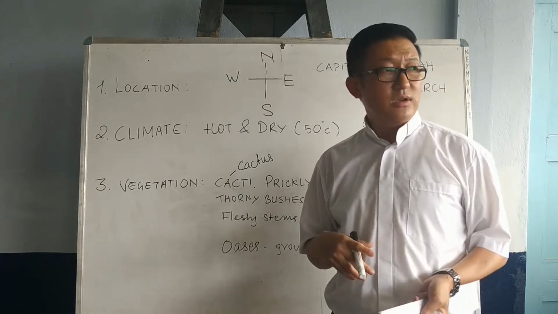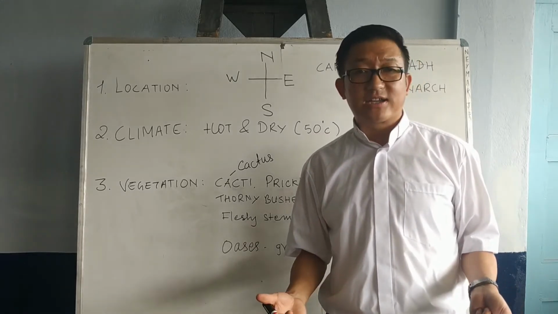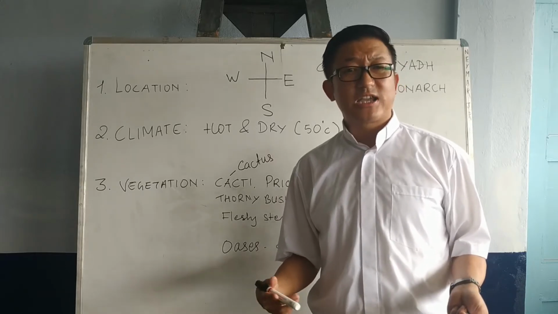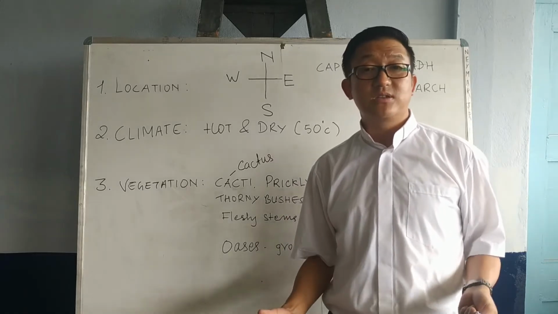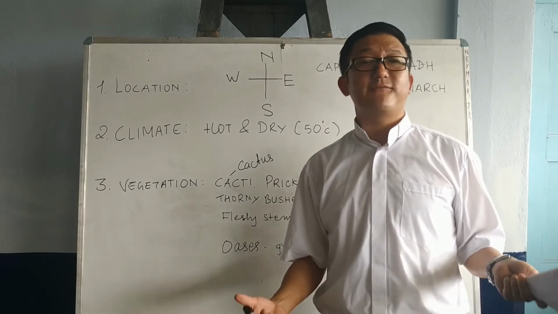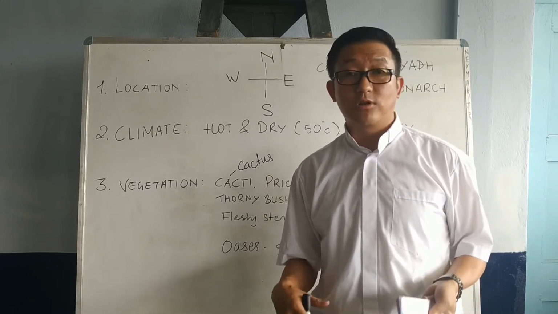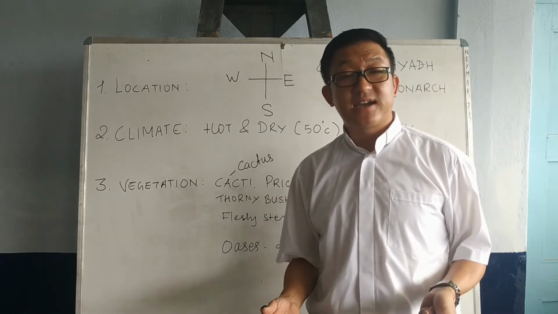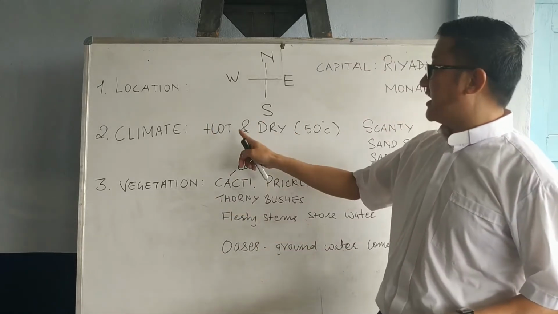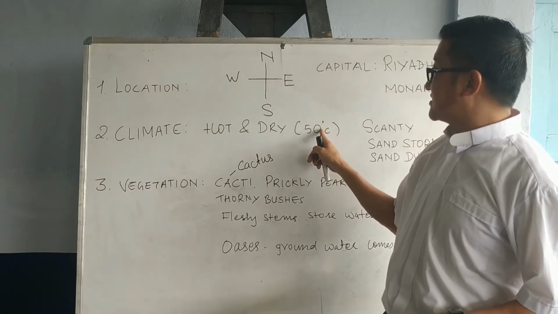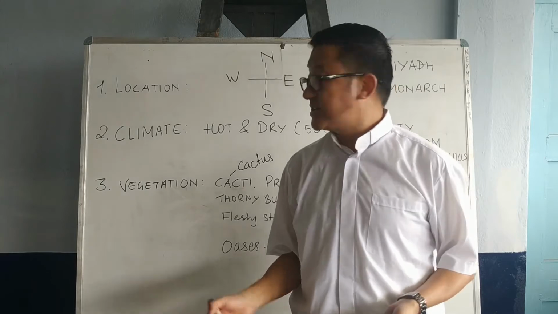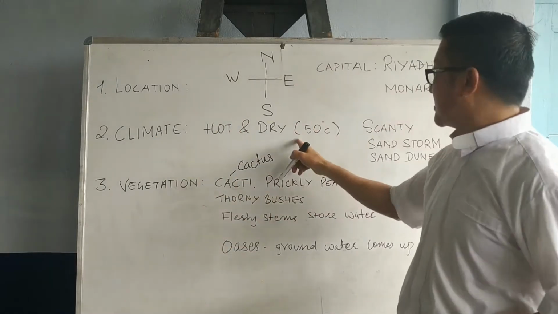Here we will have that kind of temperature. Even in Calcutta, on the hottest day, the maximum is 42, 43, 44. Otherwise, it will not go more than that. People will start dying. But in this place, you will have 50 degrees Celsius of temperature, which means very hot. Alright? Climate, very hot and dry.